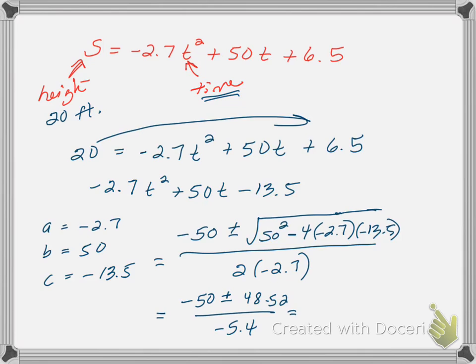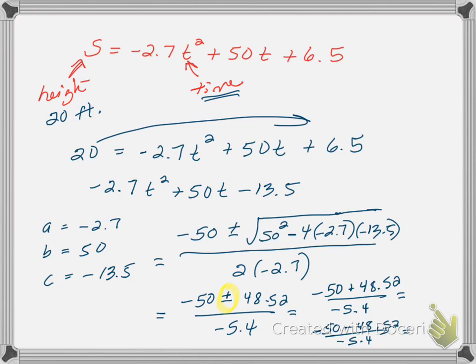Make sure you take into account both the positive and negative. So we're going to do negative 50 plus 48.52 divided by the negative 5.4, and also negative 50 minus the 48.52, divided by negative 5.4.